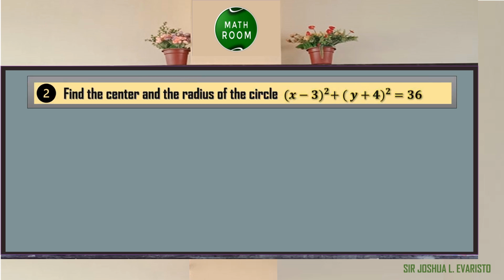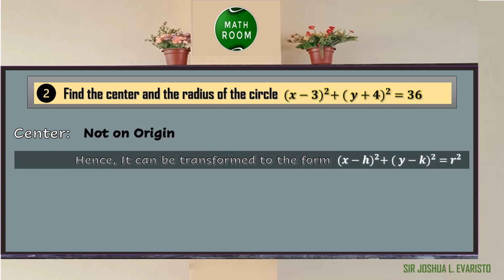Number 2. Find the center and the radius of the circle (x minus 3) squared plus (y plus 4) squared is equal to 36. The center is not on the origin. Hence, it can be transformed to the form (x minus h) squared plus (y minus k) squared is equal to r squared.